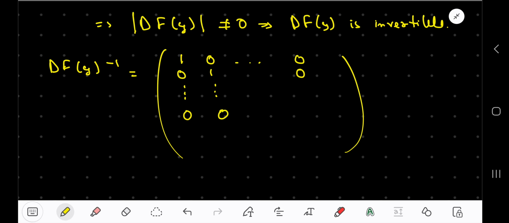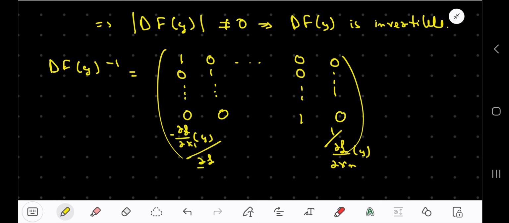Here I have 0 0 till 1, and here all the elements are 0, and the last element being 1 over del f by del xn at y, and all these other elements are of the form minus del f by del x1 at y divided by del f by del xn at y, and similarly this component will also come out to be minus del f by del x2 at y divided by del f by del xn at y. Fine.